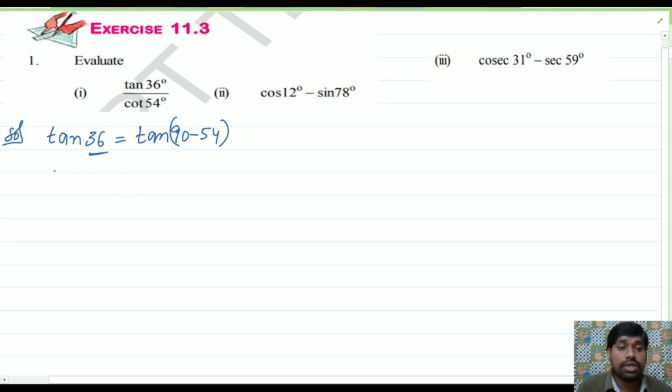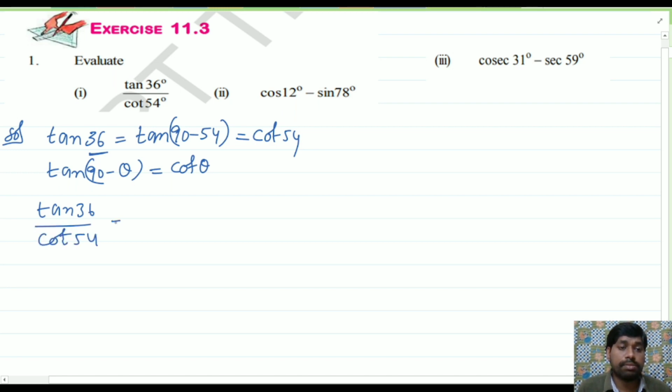As I told you, tan 90 minus theta is equal to cot theta, so tan 90 minus 54 is cot 54. So tan 36 by cot 54 can be written as cot 54 by cot 54. The ratio is the same, so it becomes 1.